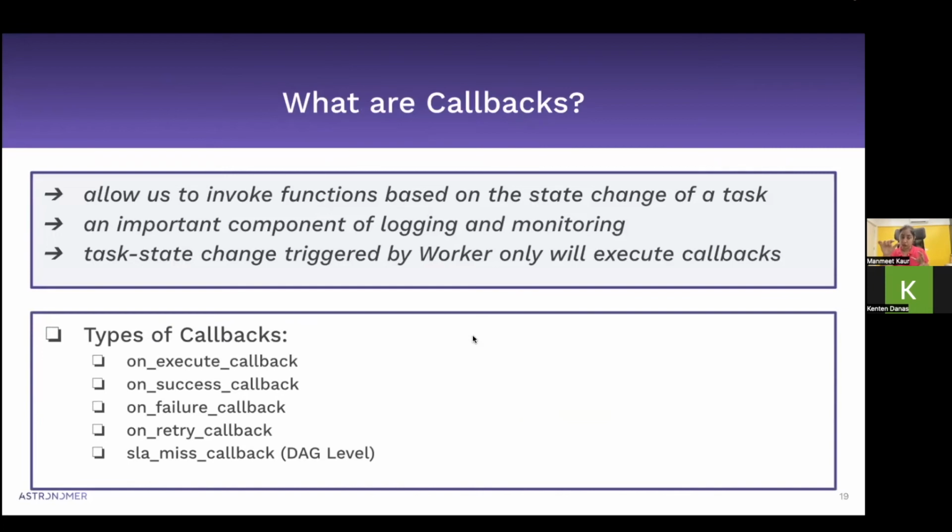So on execute callback is something, let's suppose I want to capture the start timestamp of a task when it starts running in my own metadata database or in a log somewhere. So on execute callback will allow me to call that Python function, which actually takes maybe the current timestamp, and I can put in the logic that I want to write this into a log or into a metadata database.